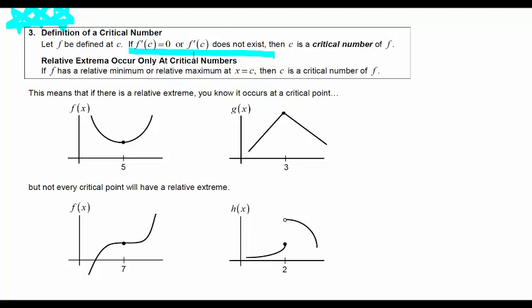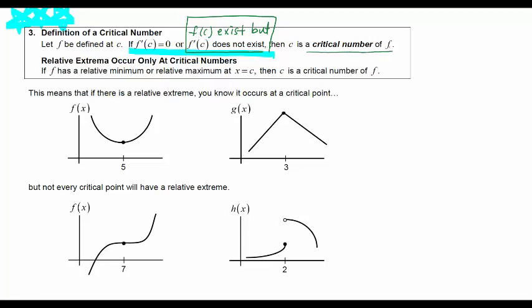Okay? For f prime of c not existing, in order for c to be a critical number, f of c has to be defined. f of c has to exist. This is, I think, easier to remember. If f prime of c equals 0, or f of c exists but f prime of c does not exist, then c is a critical number of f.